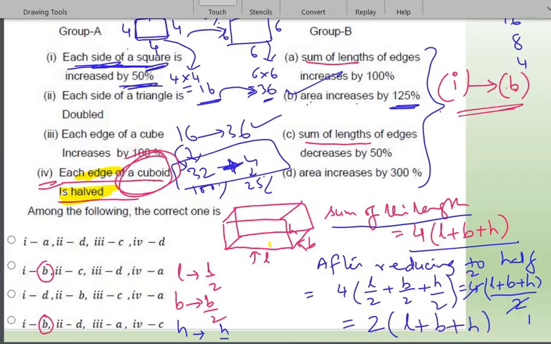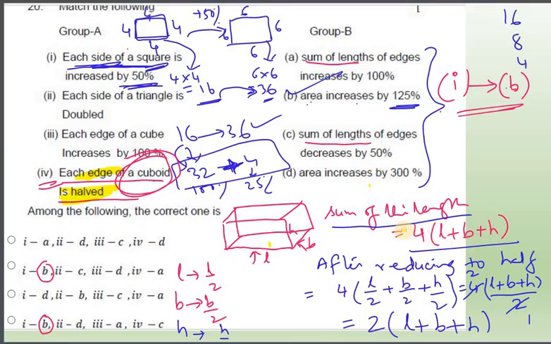Now carefully observe the two results. Before half it is 4 multiplied by L plus B plus H. After reducing by half, it becomes 2 multiplied by L plus B plus H. That means the sum of the lengths of the edges is decreased by how much?